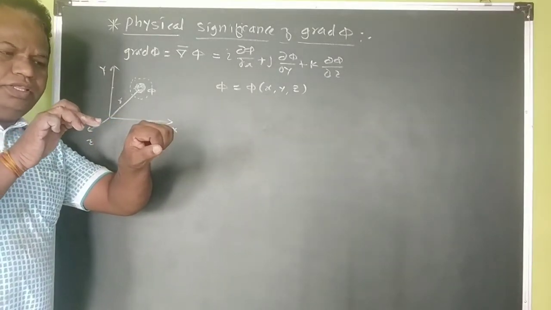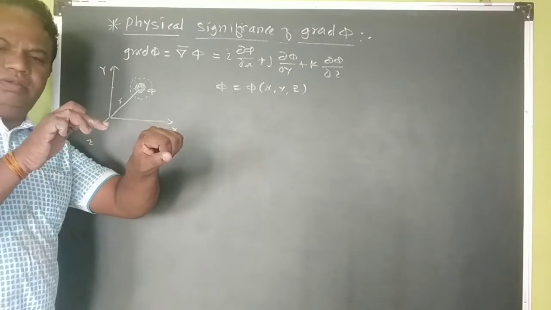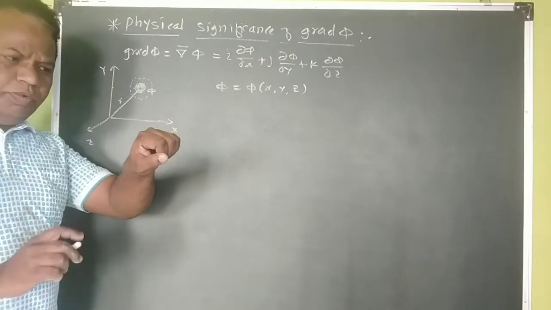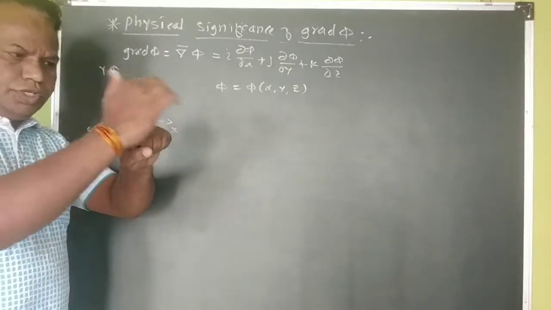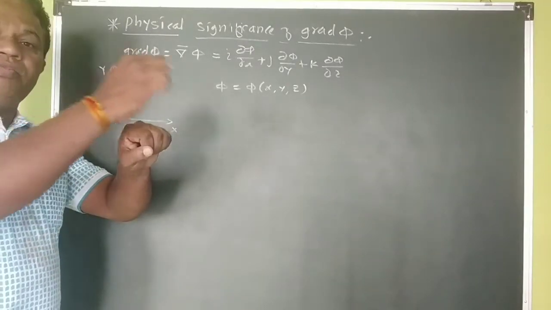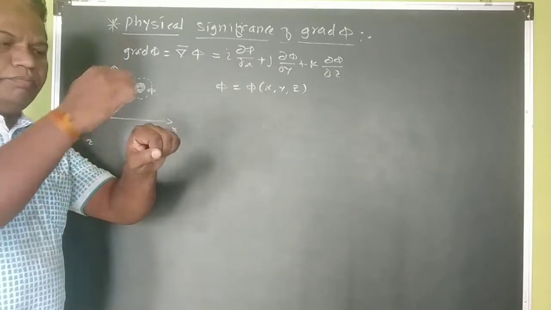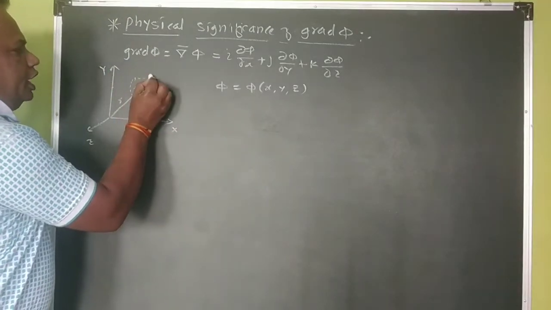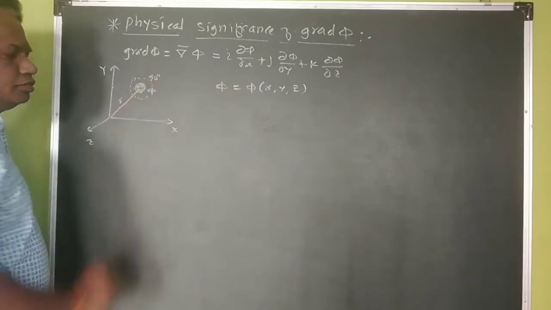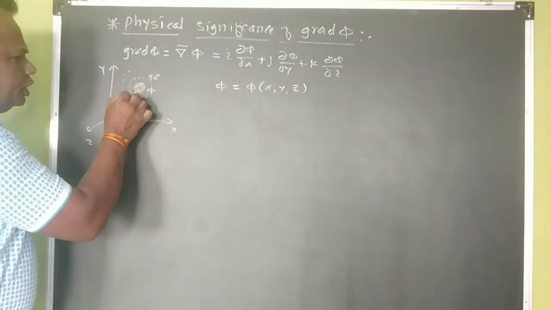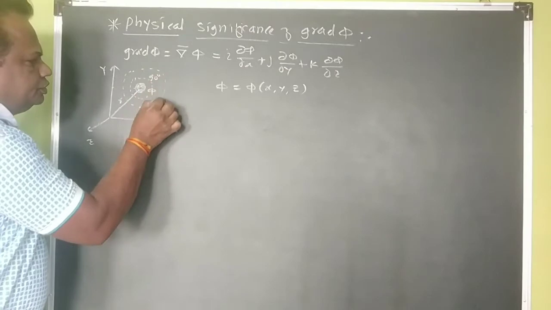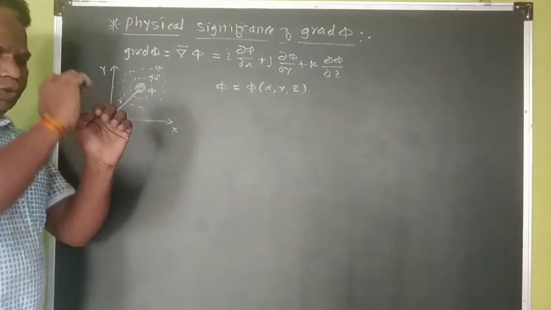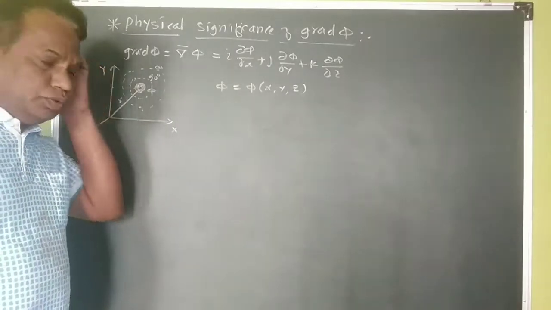If you go further away from this body, the temperature goes on decreasing. That means this body forms different temperature layers or temperature zones. So the first zone, we can say, is 90 degrees. The second zone, if you consider, is 80 degrees, like this. So the hot body produces different temperature zones.